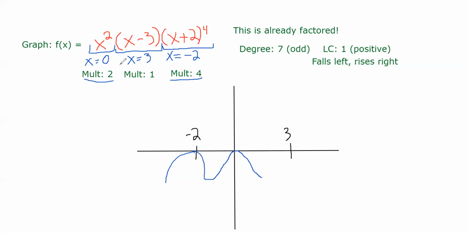And then finally, when x is equal to 3, that has an odd multiplicity. So it is going to come back up and it's actually going to cross through the x-axis this time. And then it never goes back to the x-axis because we've run out of roots. Also, this thing needs to rise to the right and fall to the left.